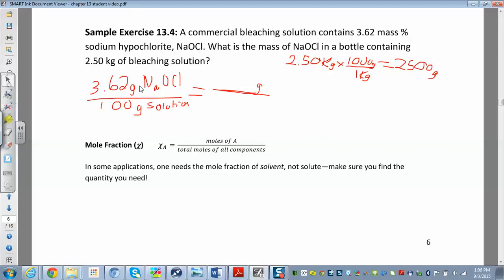If I have 3.62 grams of sodium hypochlorite in 100 grams of solution, how many will I have in 2,500 grams of solution? I can just cross multiply, so I'll end up with 2,500 times 3.62 divided by 100 grams of solution, and when you work all that out, you end up with 90.5 grams of sodium hypochlorite.